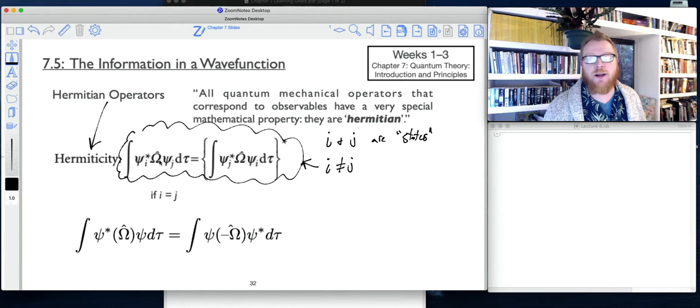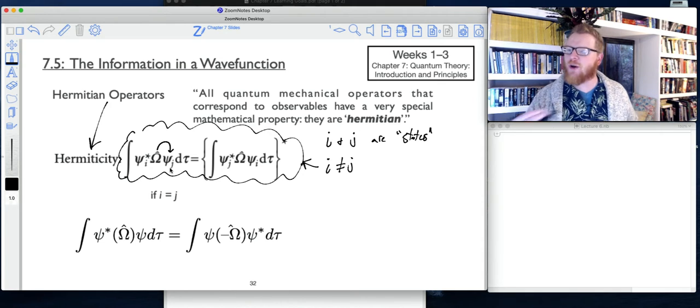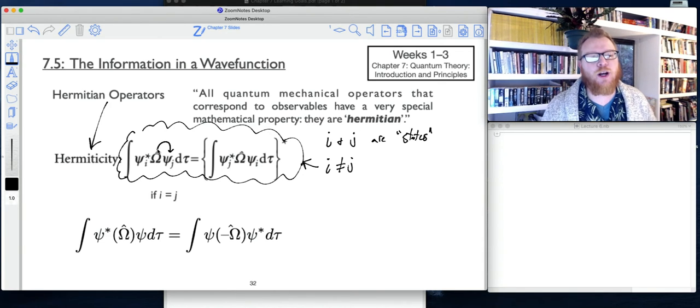This operator operates on this wave function first, which is now not the complex conjugate, but just the wave function of state j. In our order of mathematics, this operator would operate on psi j. Then we get a new wave function and corresponding eigenvalue, right? Then we take the square modulus of that result, okay?